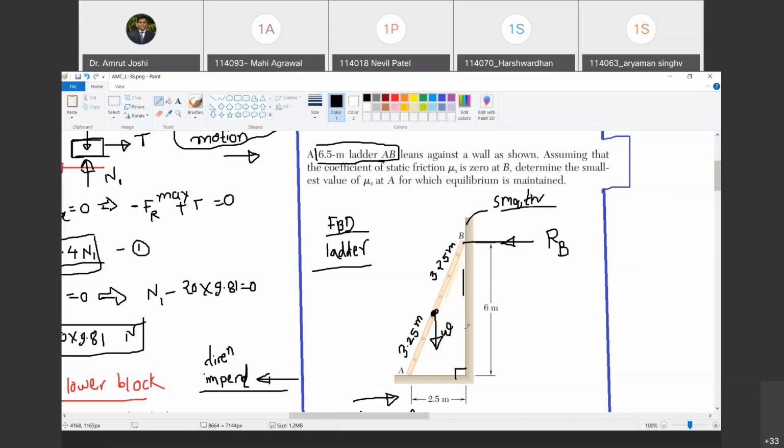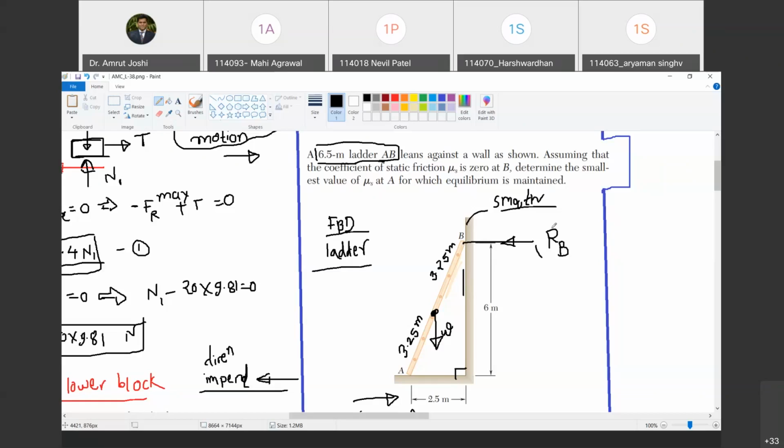Because the floor will still be able to offer the upward reaction normal to it. Similarly, as the surface is smooth here and it is vertical, there cannot be any vertical component of the reaction at B, but there will be a horizontal reaction. And that reaction I have shown and called RB. Are you with me? Yes, sir. Carefully understand the philosophy.